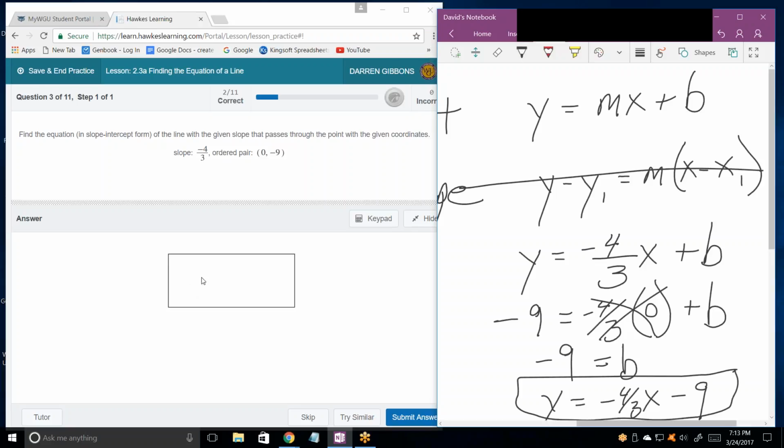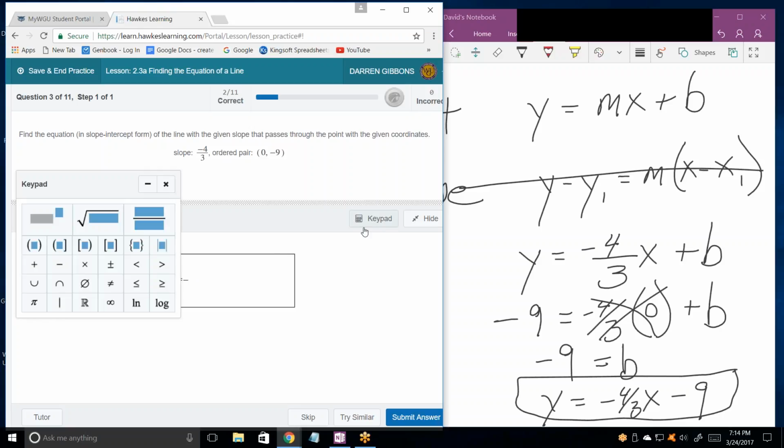Now, putting it in there, do I have to hit keypad or what do I have to do? Yeah, you can type the y equals, then negative, and then the keypad. And 4/3, right?